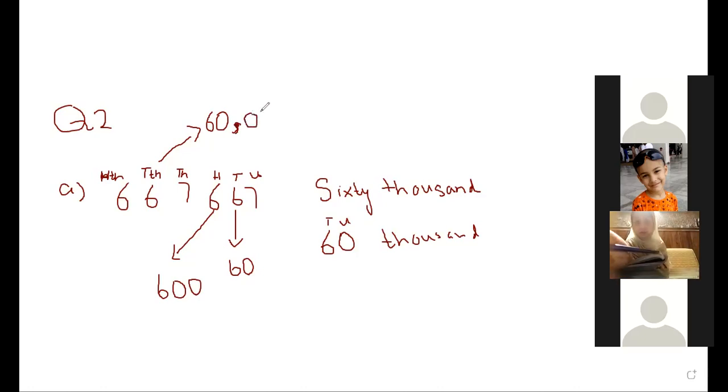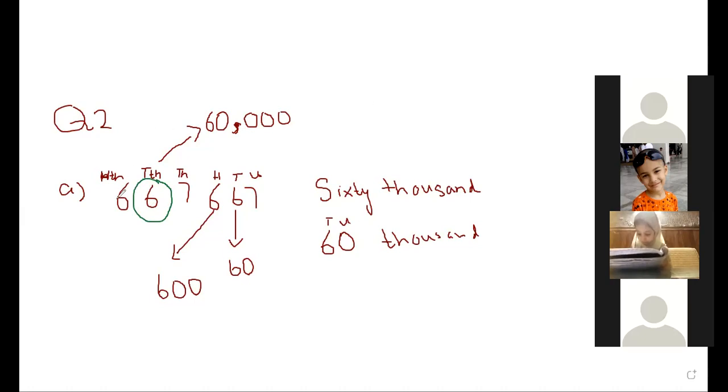So I write 3 more. Now this is 60,000, and we reached our place value. So I'm going to circle this one. This is the right answer.